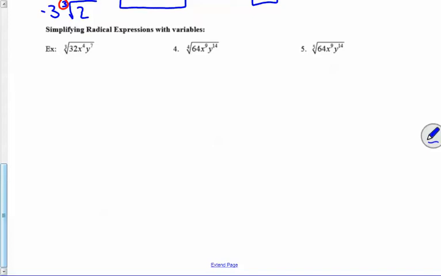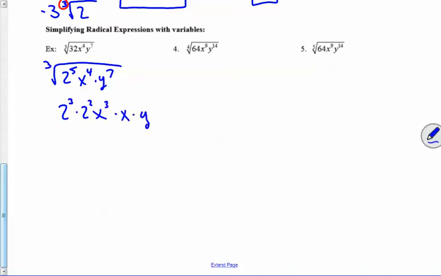All right, so 32, that is going to be 2 to the 5th power, x to the 4th, and y to the 7th. So if I write it like that, now I can start to use those exponent properties and know that 2 to the 5th is 2 to the 3rd times 2 squared. x to the 4th is x to the 3rd times x. y to the 7th is y to the 6th times y.